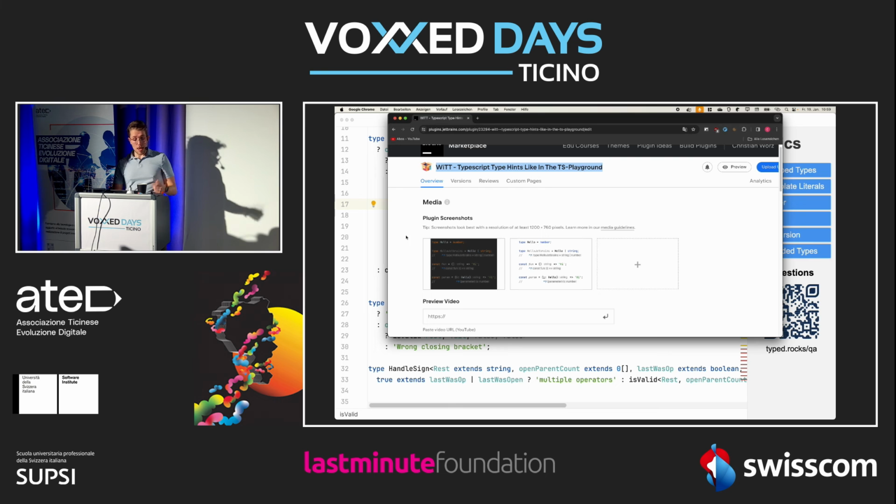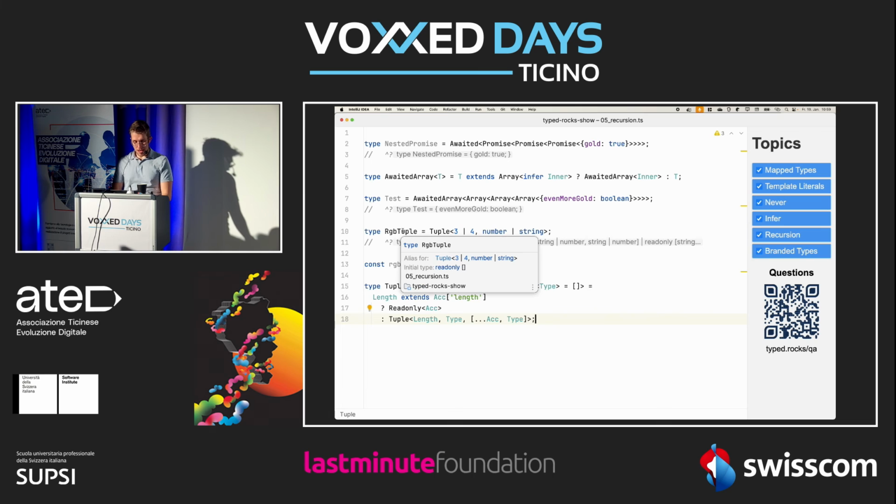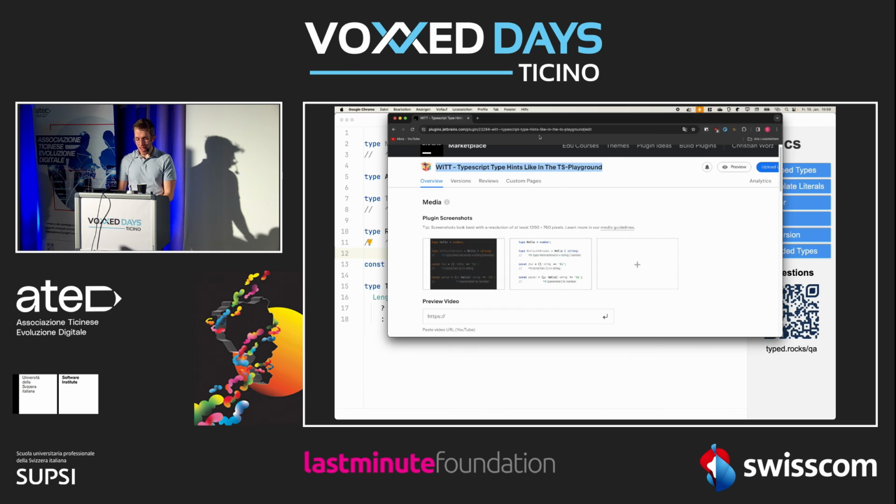Because sometimes the problem is that if I show you this for the recursion, we can see here if you hover over this in IntelliJ, there is only this empty read-only array. It's not clever enough to do this, so I had to build something to really show this.